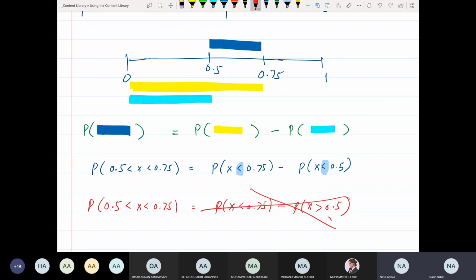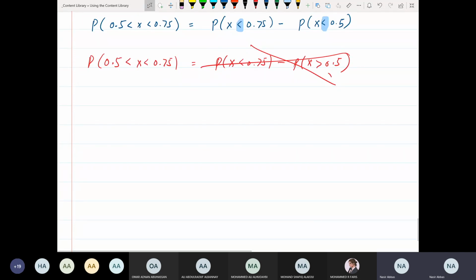This is wrong. Both of them are less than. And now I'm going to write the general rule. In general, the probability of A1 less than x less than A2 can be written as capital F of A2 minus capital F of A1. That's the general rule.